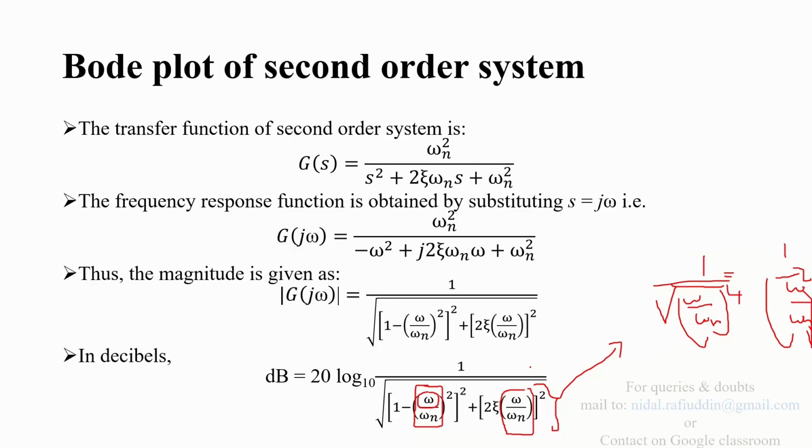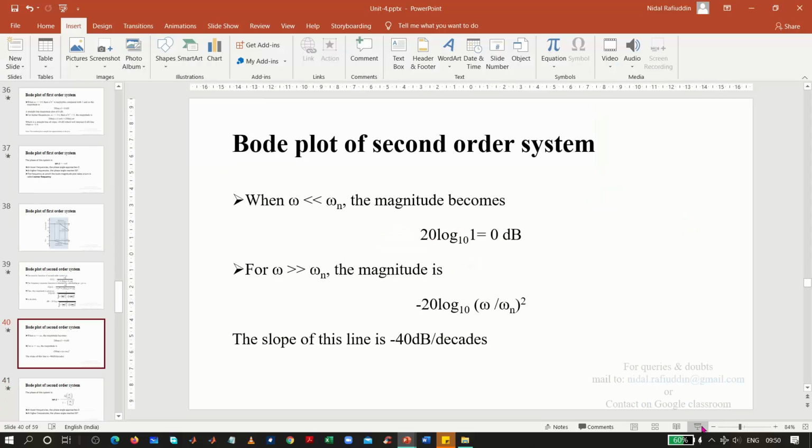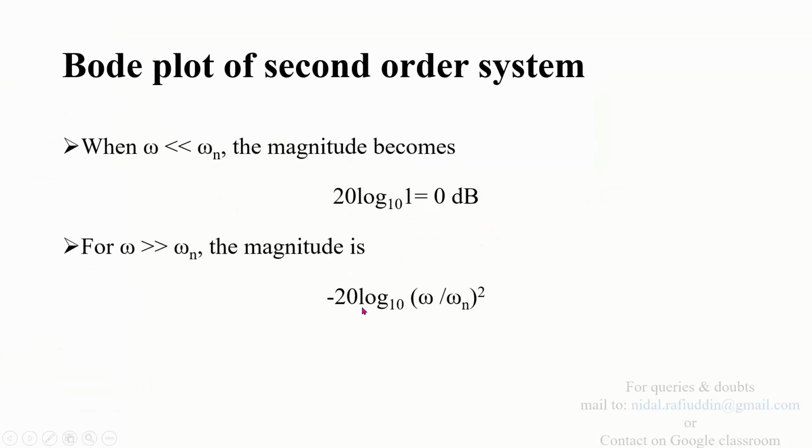And again, if you take this term into the denominator, we will have a negative sign, as minus 20 log to the base 10 omega by omega n square. So we have a negative sign because we brought this term from denominator to numerator. In fact, if you talk about the slope of this line, we have a power of 2 here.